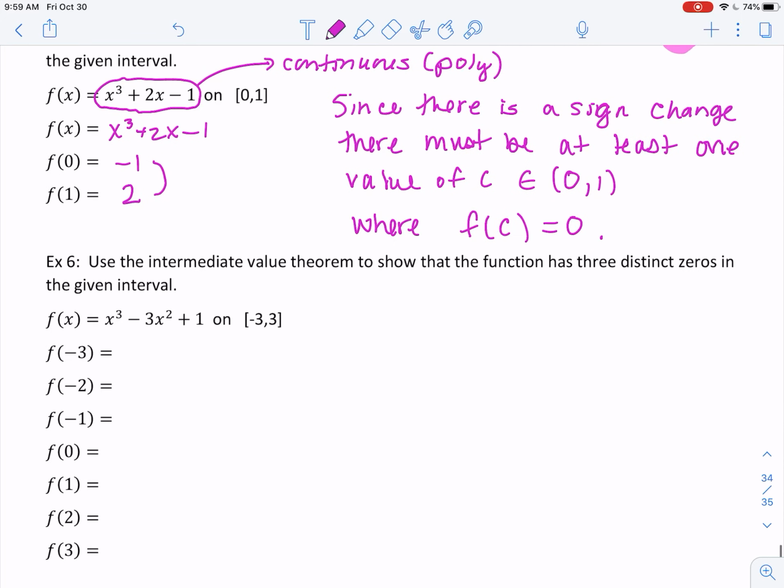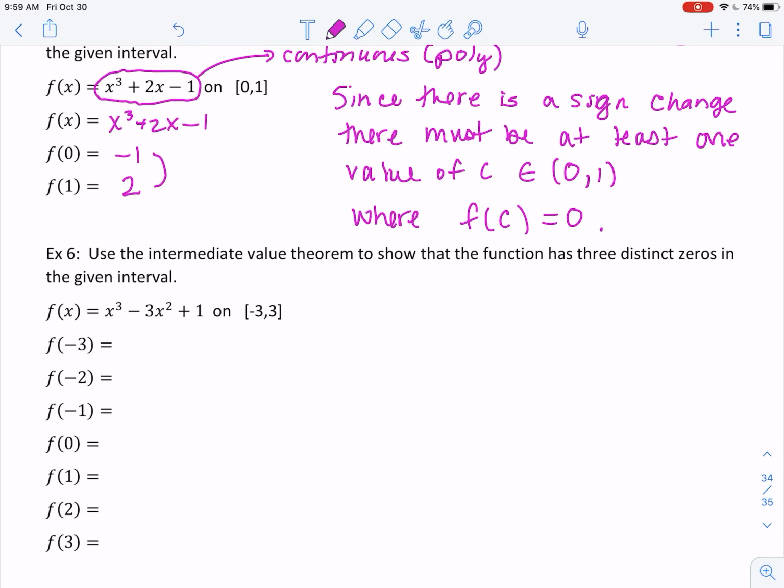And the last one, this one we want to show that there are actually 3 distinct zeros. Okay? So again, we're going to start by stating that this is continuous because it's a polynomial. You can just plug all these values in and write down what they are.